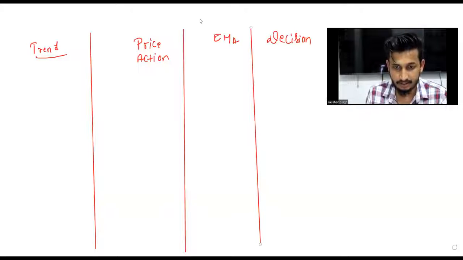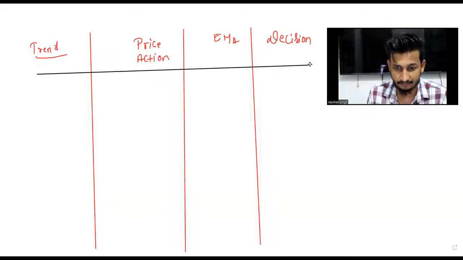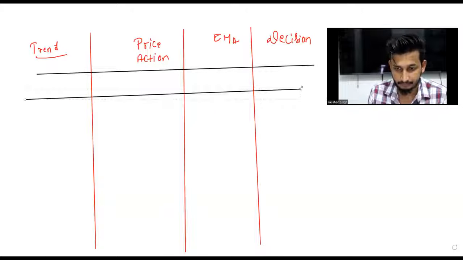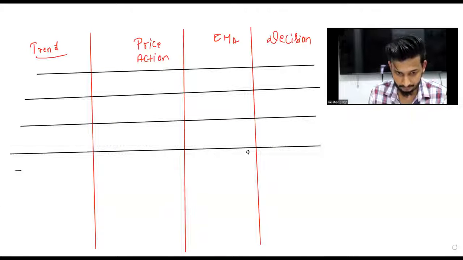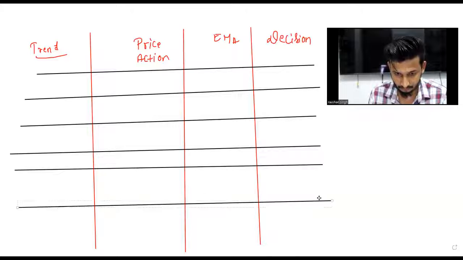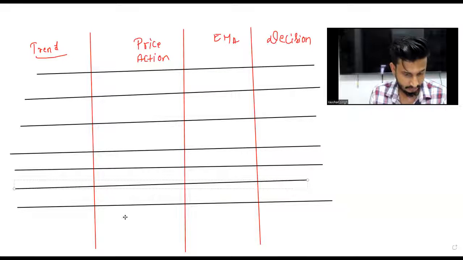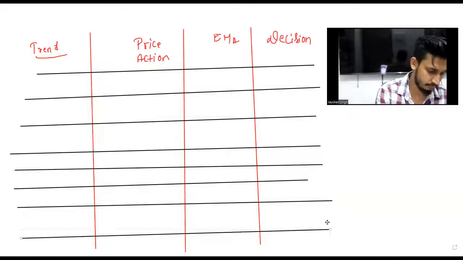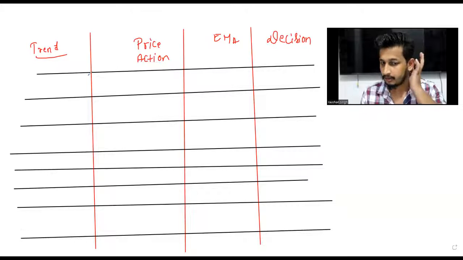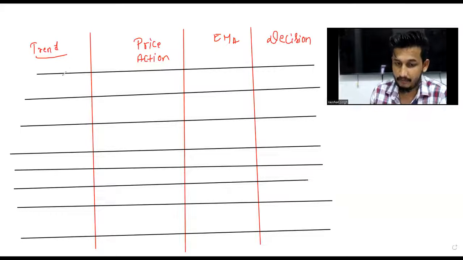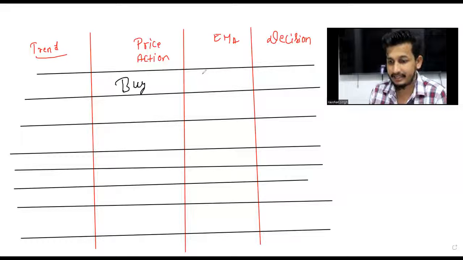If the market is in an uptrend and price action is giving you a buy side signal and EMA is also on the buy side, then we can go for the buy side.